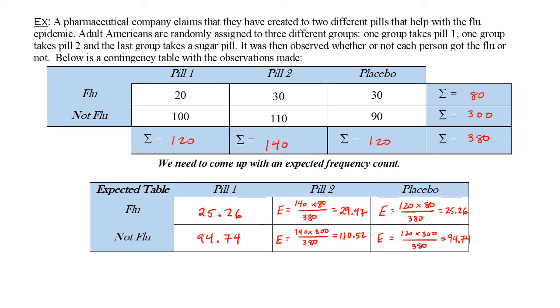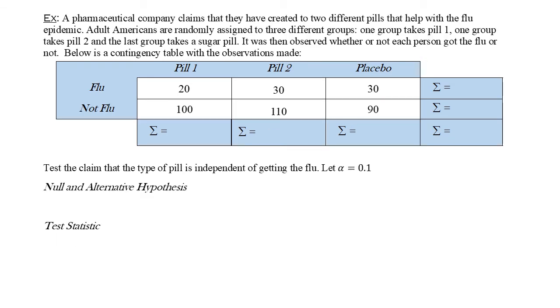So now that we have all the expected values, let's see how we can perform the hypothesis test. Remember, for the null hypothesis and the alternative hypothesis, it'll always be the same thing. The null hypothesis is that the choice of pill is independent of whether or not we get the flu.